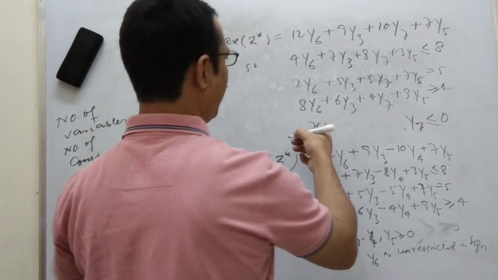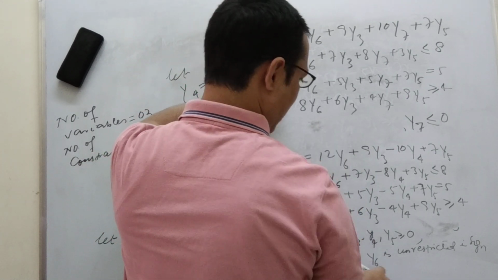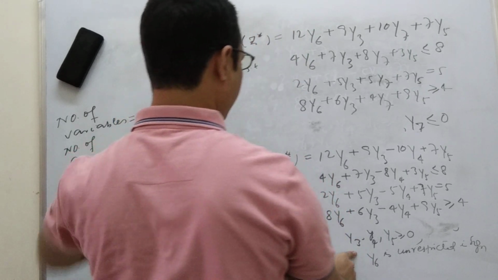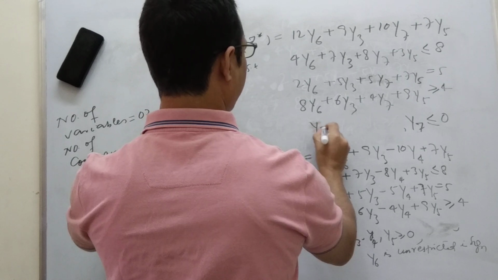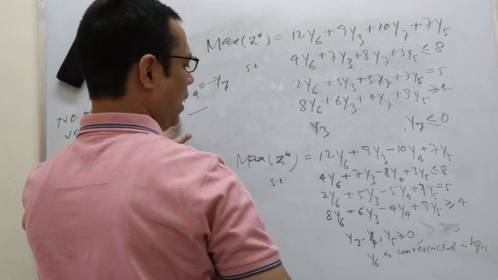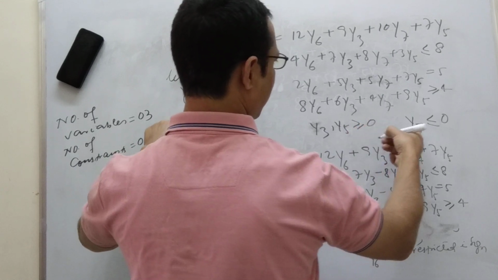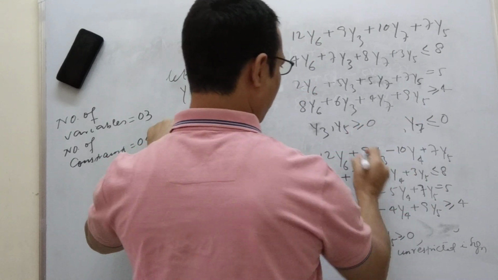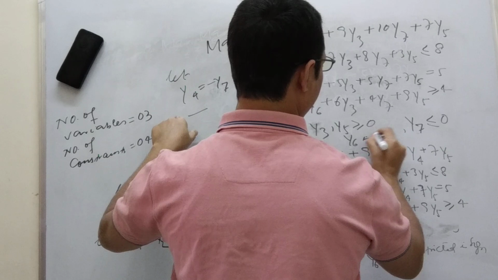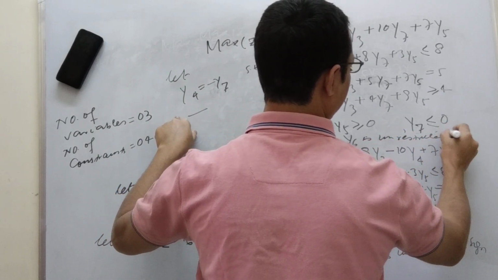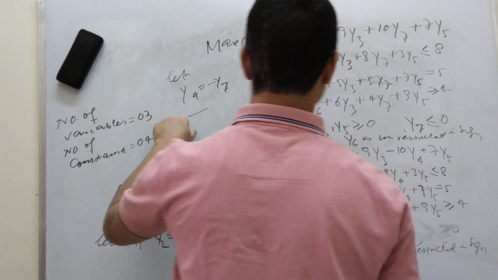Whatever the variables here, y6 is already unrestricted, so you have replaced y4. So now you have y3 and y5 greater than or equal to 0, y7 less than or equal to 0, and y6 is unrestricted in sign.